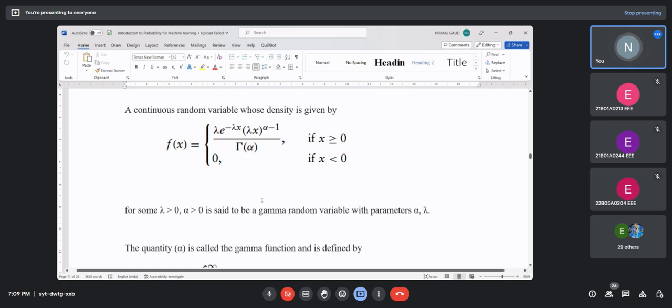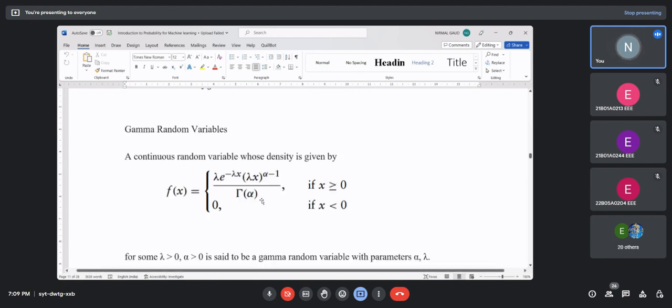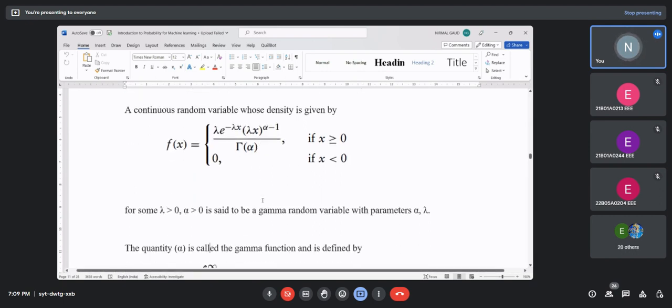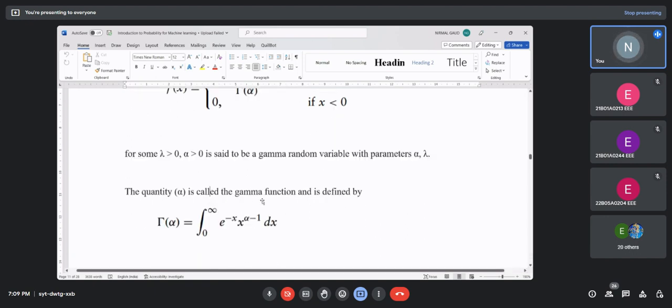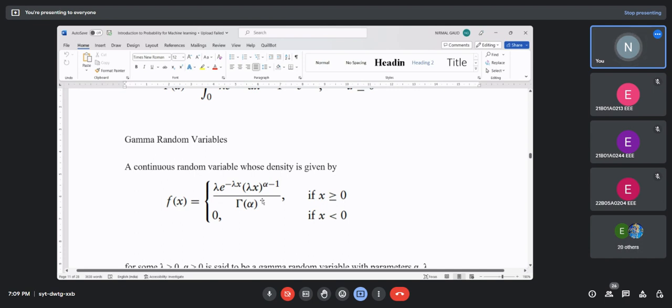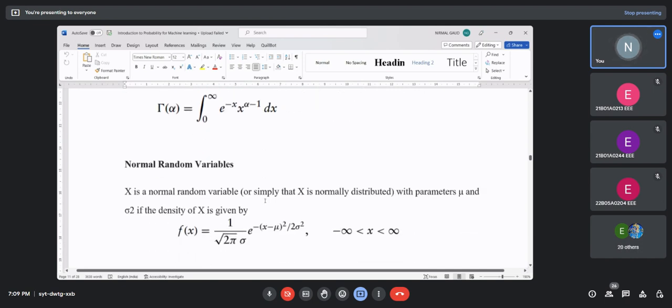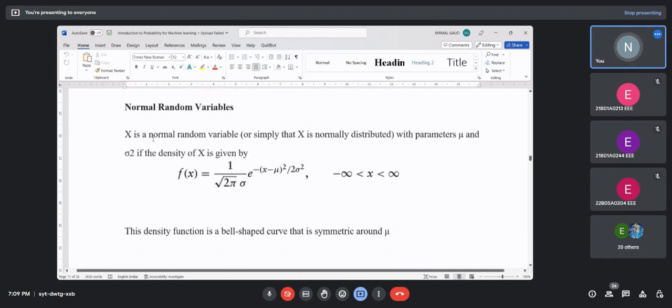I'm just providing you this name and the formula for your understanding, so you might know what the possibilities are, how many types of continuous random variables there are. Okay, so one of them is your gamma random variable. All right, now another important thing, the normal random variable. So what exactly do we mean by these terms?